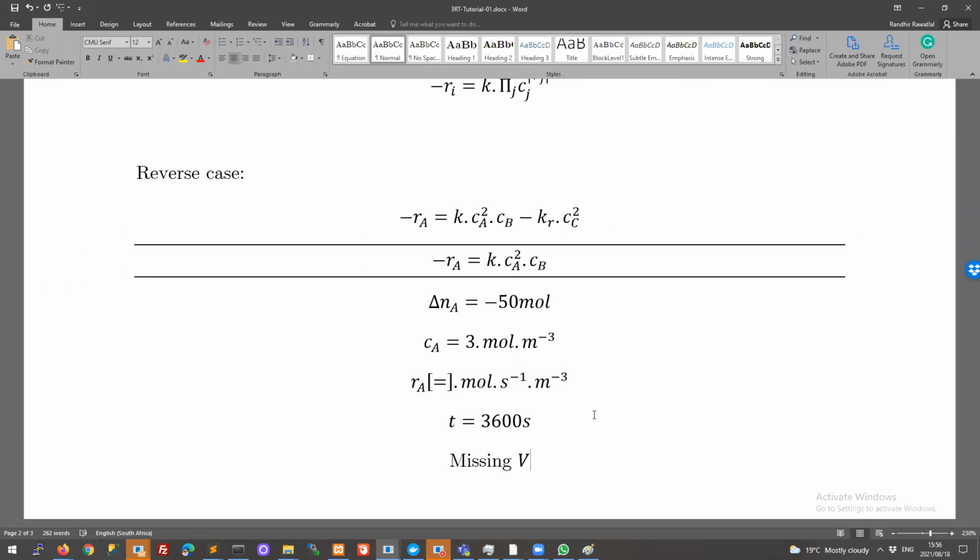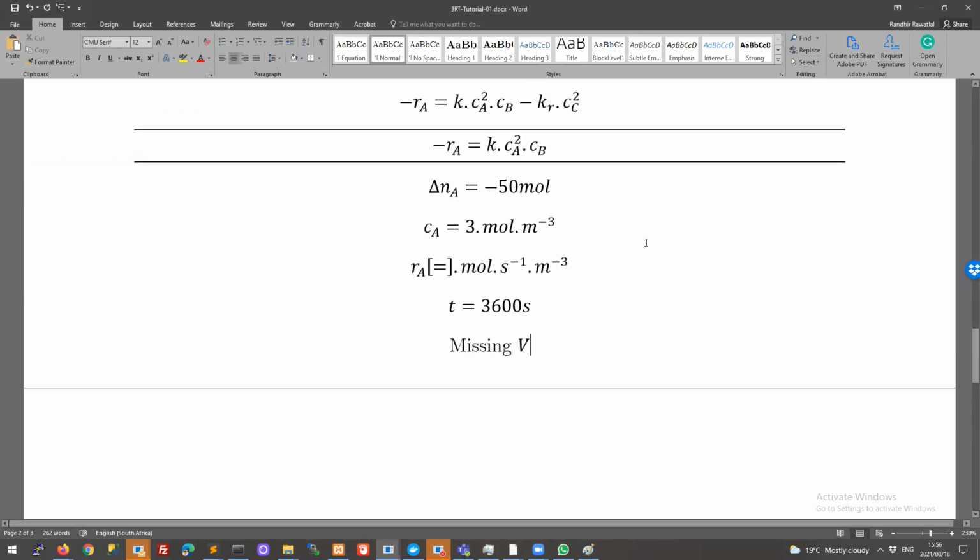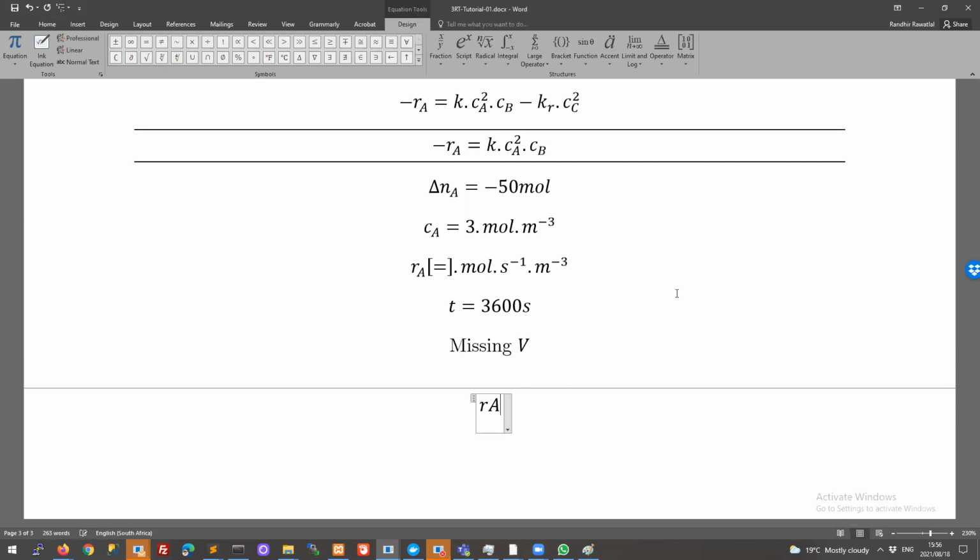Quite often you'll make a mistake missing out the volume. So anyway, what we can write now is the rate times the volume times the time, RA times V times t. That's going to be the change in the moles.